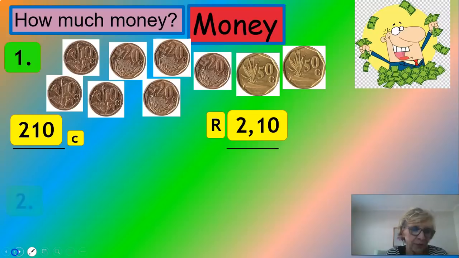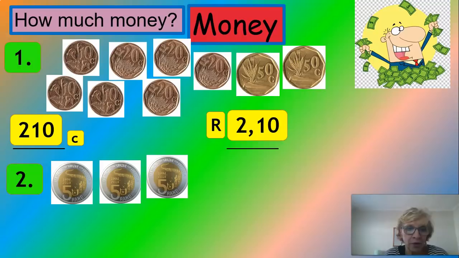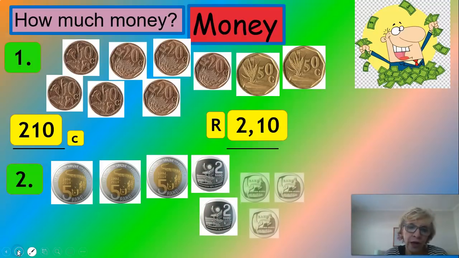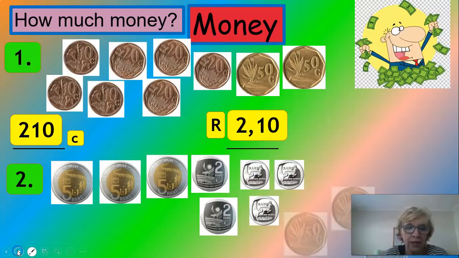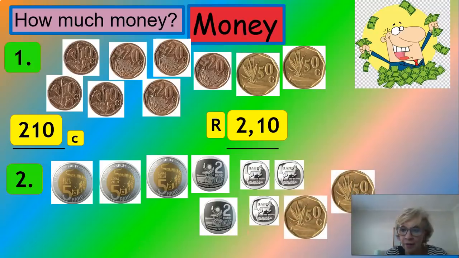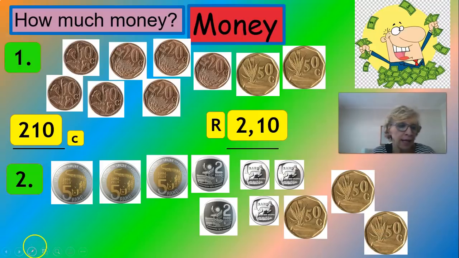Good. Now let's look at the next calculations we have to add up. We've got 3 5 rand coins. We've got 2 2 rand coins and 3 1 rand coins and 3 50-cent coins. Right. So let's see how we can add these up.